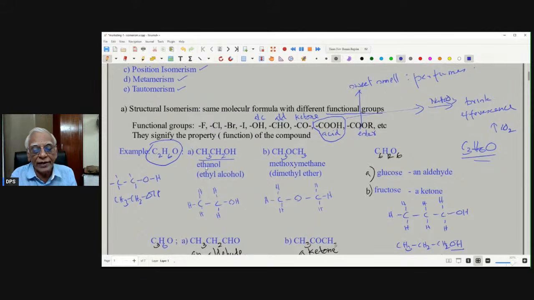Ethanol is the IUPAC name here. Or the two carbon atoms can be linked together by means of an oxygen linkage, and this is called an ether. Each carbon atom satisfies the valency 4, being a terminal carbon atom, CH3 here, also CH3. Therefore, the structural condensed formula is CH3OCH3, methoxymethane.